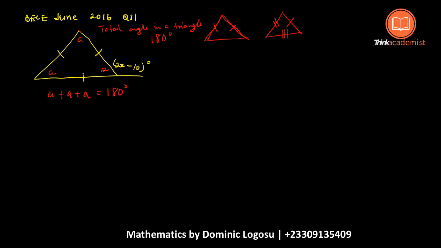We are trying to find the angles inside. So this will give us 3A equals 180 degrees, and when we divide, we get 60. So in every equilateral triangle, the angles are just 60, 60, 60 across. Basically, why do we even need the A? So that we can do supplementary angles with this.